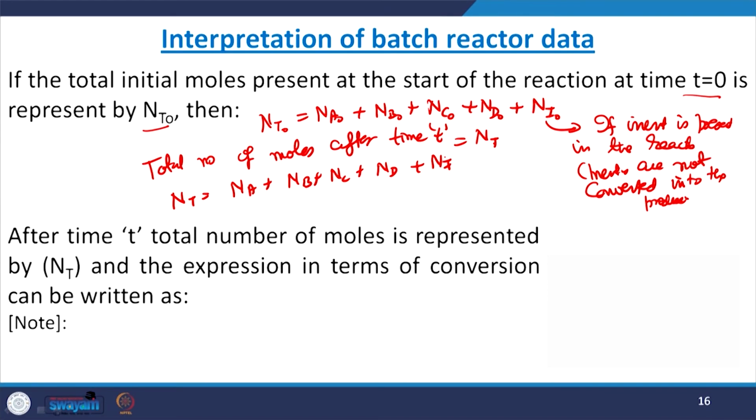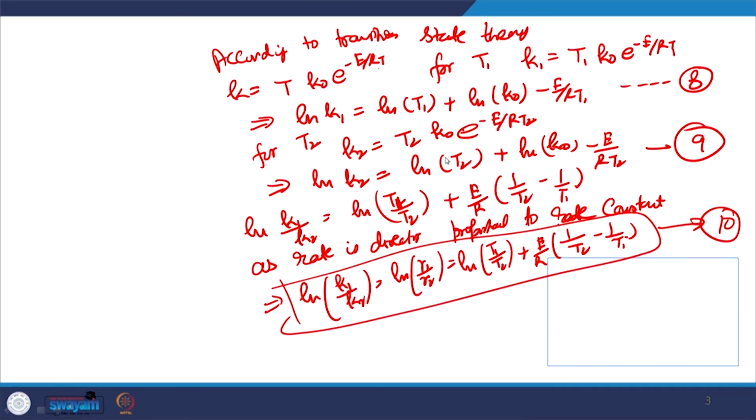Now, if we expand this thing, then you can represent it like this. Again, I am writing back to this equation Na plus Nb plus Nc, just for the ease of explanation.